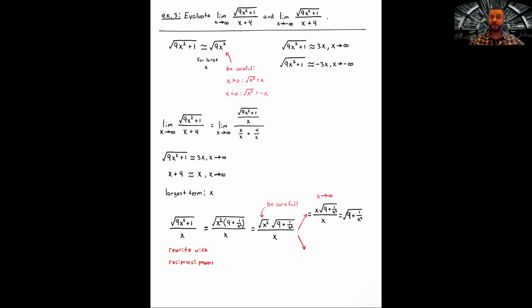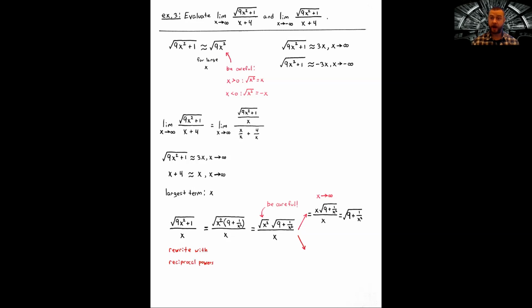because we're trying to cancel the square root of something squared. Now, fortunately, for the limit as x approaches positive infinity, we can cancel carelessly. In the case when x is positive, the square root of x squared just cancels to x. And notice what happens. The square root of x squared simplifies to x.